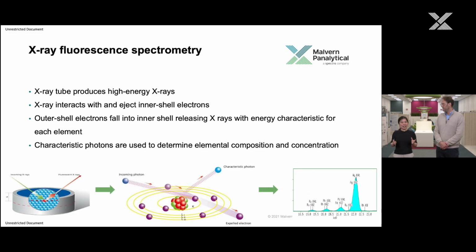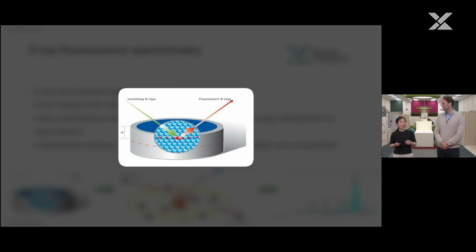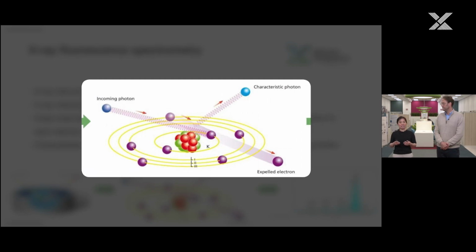Now, in an XRF spectrometer, the X-ray generated from the X-ray tube will hit the sample and interact with atoms in the sample. The electrons in the inner shell of these atoms will be kicked out by this high energy X-ray, and then the atom becomes unstable.